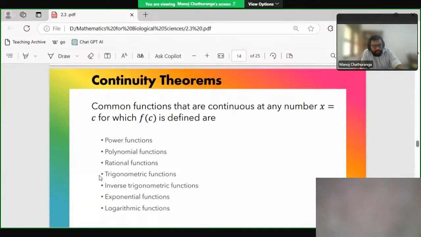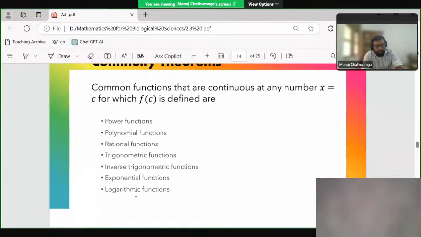We did not talk about trigonometric functions and inverse trigonometric functions in detail, but they are also continuous functions. Maybe I will talk about them in one of the next classes. Exponential functions. I hope you still remember the graph of the exponential function. 2 to the power x, e to the power x, things like that.